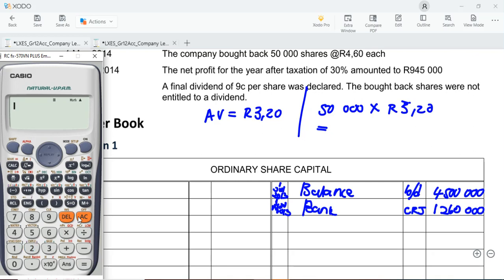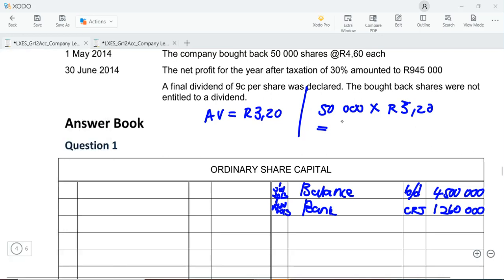So let's do it. 50,000 multiplied by 3 rand 20. We're getting 160,000. Which means we had to take 160,000 from the money earned on those shares. So we need to reduce the monetary value of this ordinary share capital by 160,000.